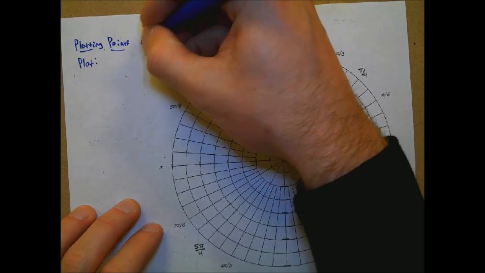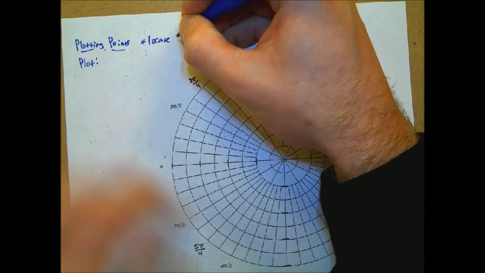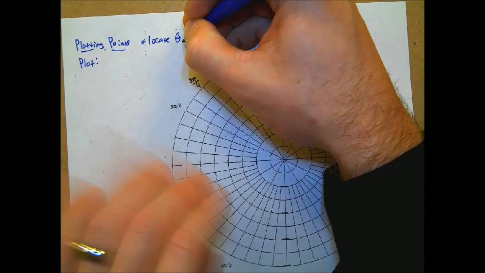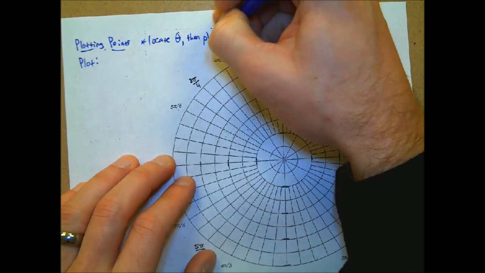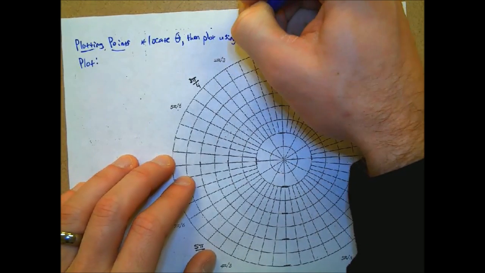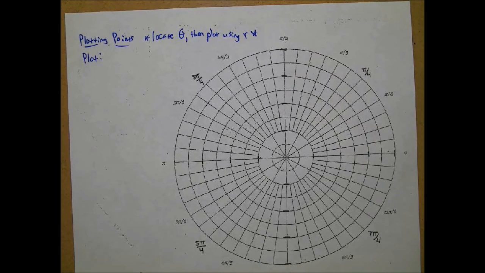Key idea here: locate theta first, then plot using r. So we're going to use the second coordinate first, and then the first number in the coordinates.